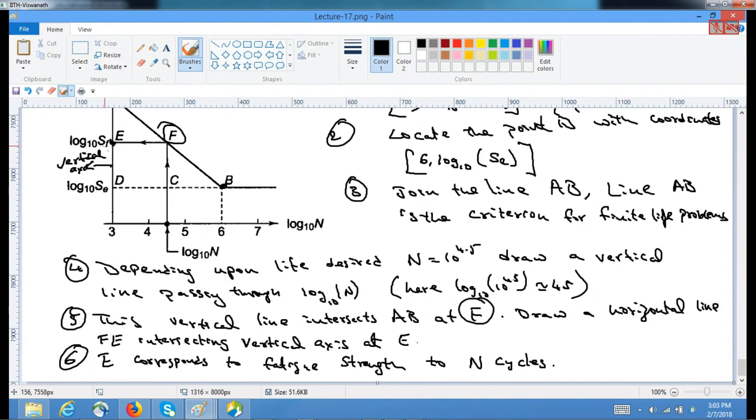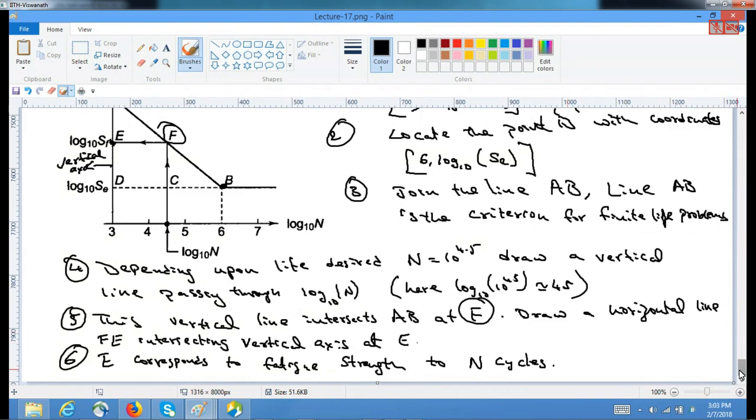So this is there in terms of log 10 SF. So E is log 10 SF. If you want to take the SF, you raise it to the 10 to the power of what you have got, that will give you the SF value.